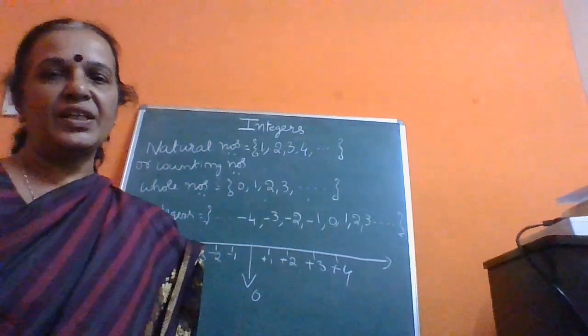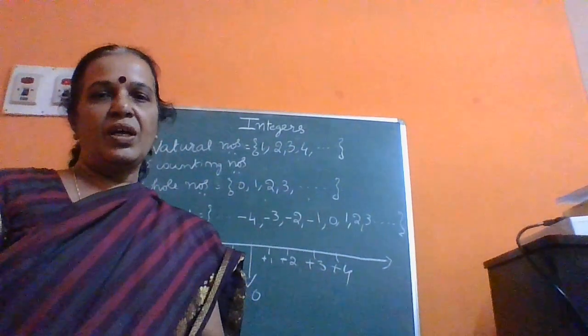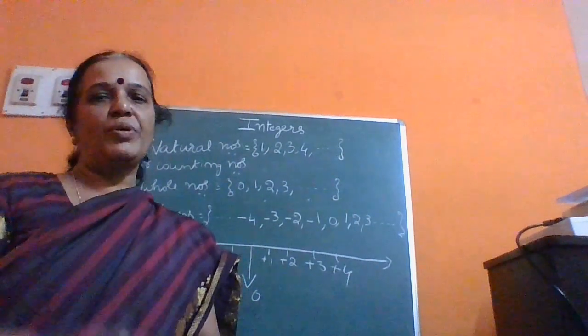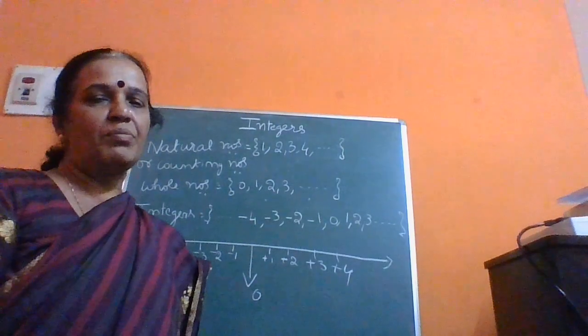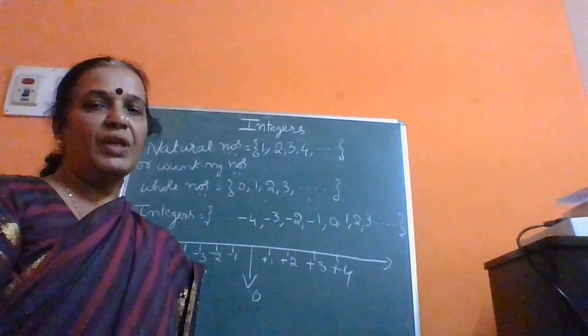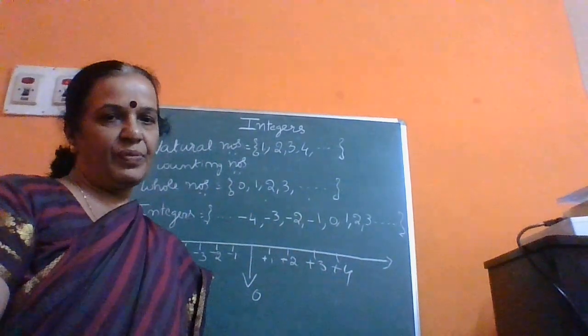Similarly, if we consider 0 as the temperature of ice, all the numbers which come above 0 are represented by plus sign, and all the numbers which come below 0 degree are represented by negative sign.